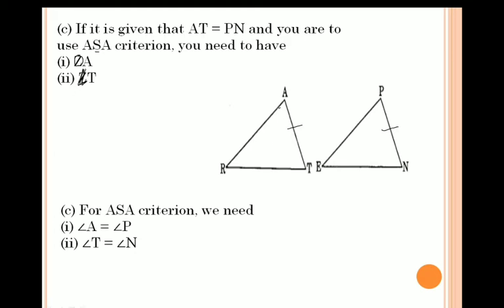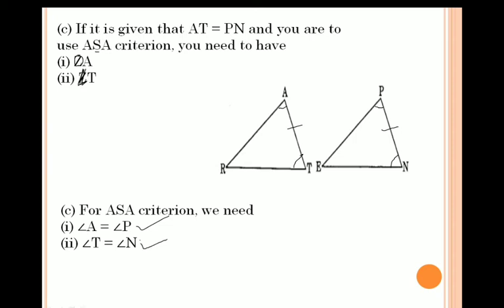For angle A it will be angle P, and for angle T it will be angle N. So angle A is equal to angle P and angle T is equal to angle N.